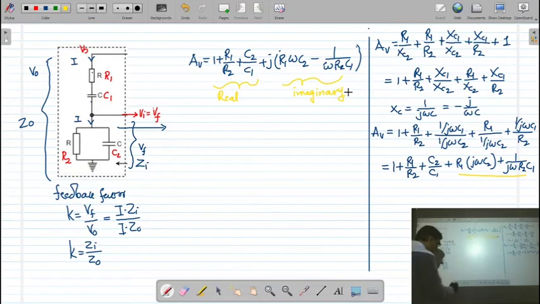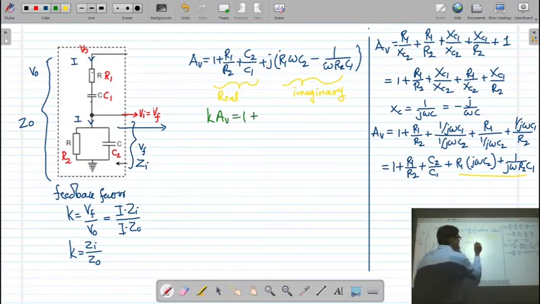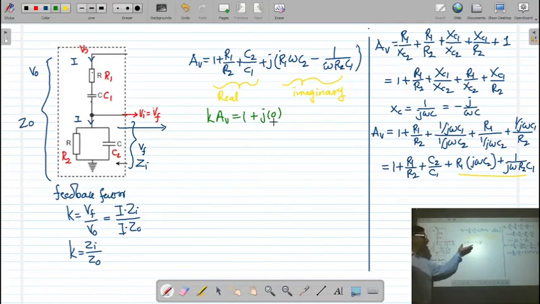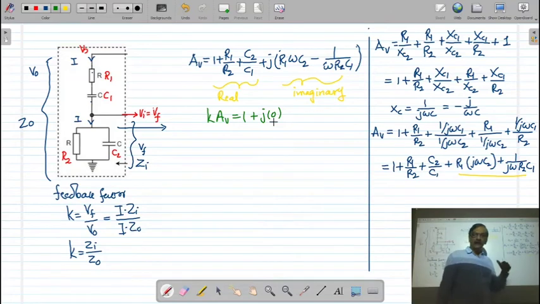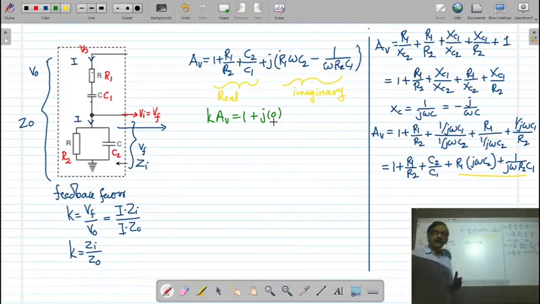And the Barkhausen criterion is K into AV equal to 1, which in complex form I can write as 1 plus j into 0. It means the imaginary term of the loop gain is 0.